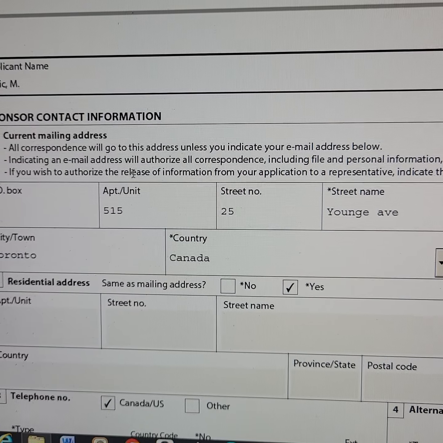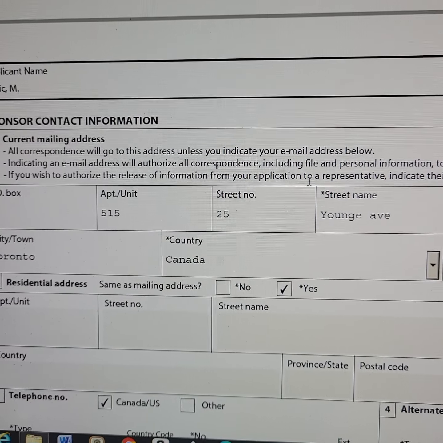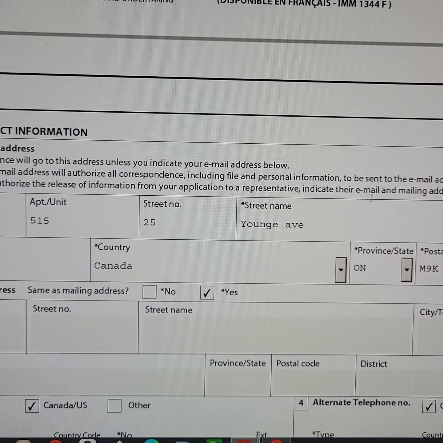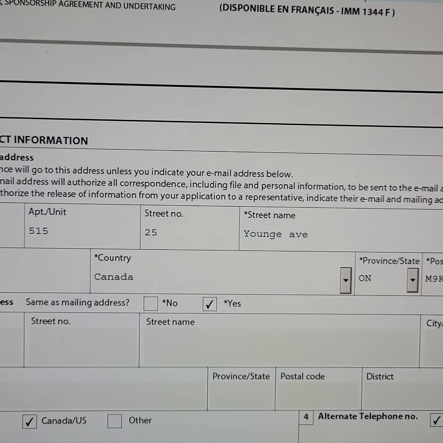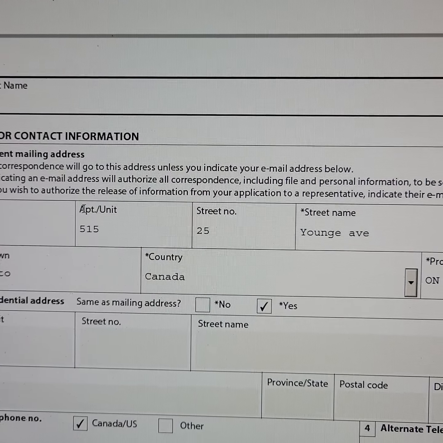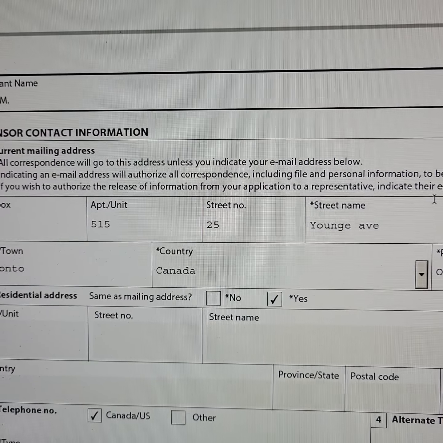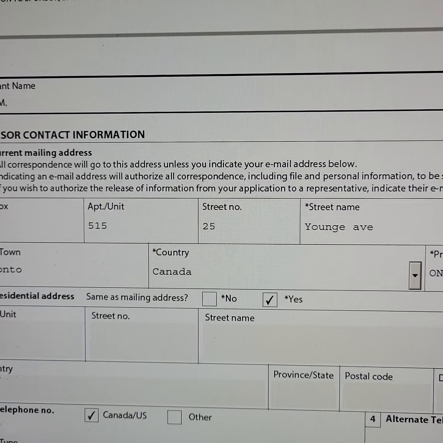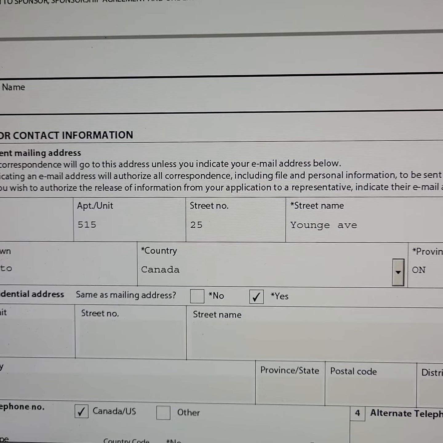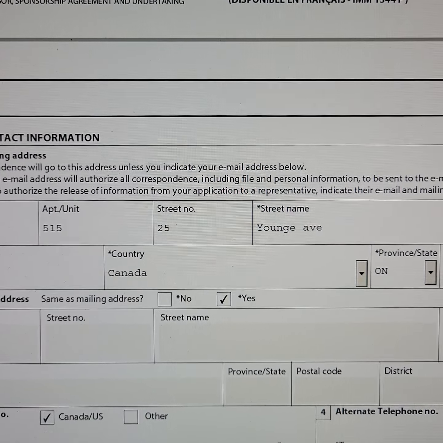Indicating an email address will authorize all correspondence, including file and personal information, to be sent to the email address you specify. If you wish to authorize the release of information from an application to a representative, indicate their email and mailing addresses in the section on the IMM1344.